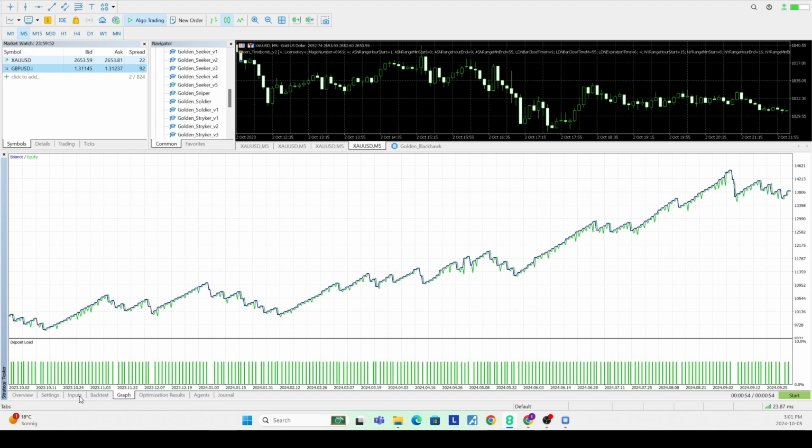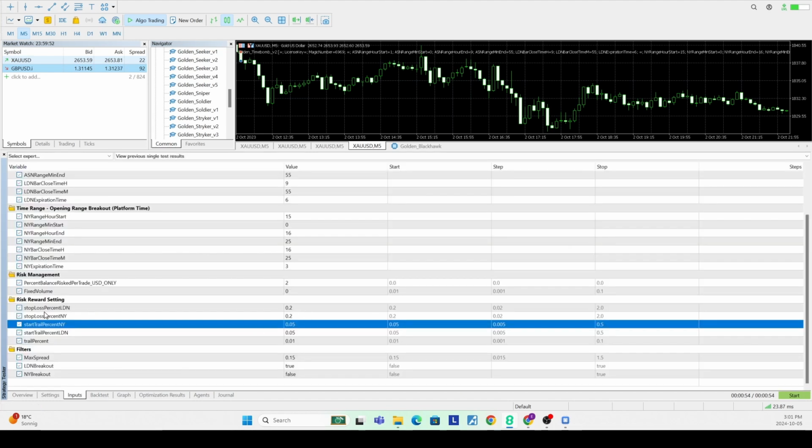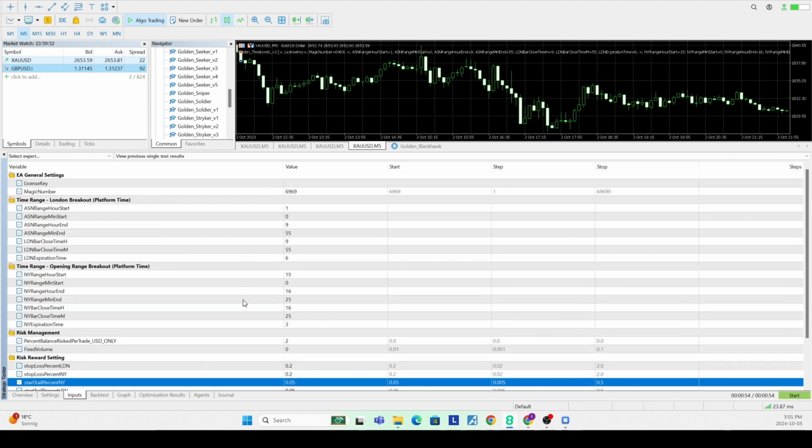Furthermore, we find that if you come back to this Inputs tab and you combine the London breakout with the opening range breakout, you have an even stronger system. This once again proves that using simple strategies based on a logical premise, such as the opening of the London markets, is indeed exceptionally powerful.